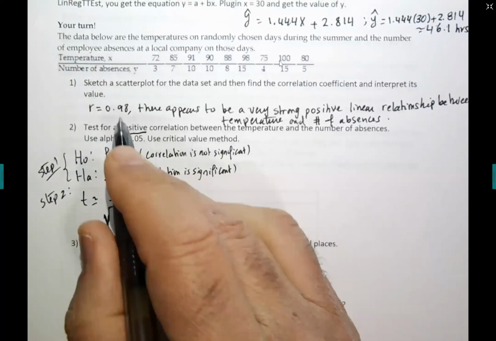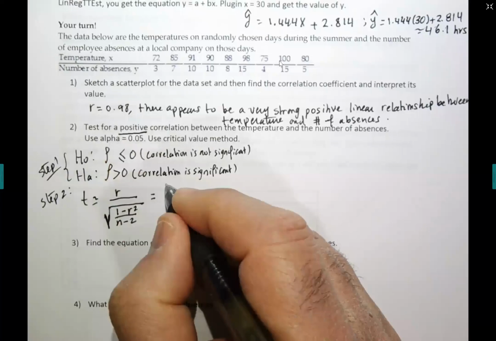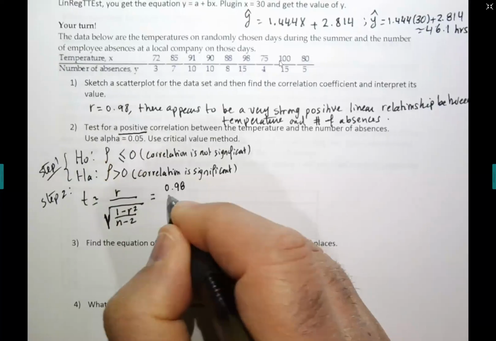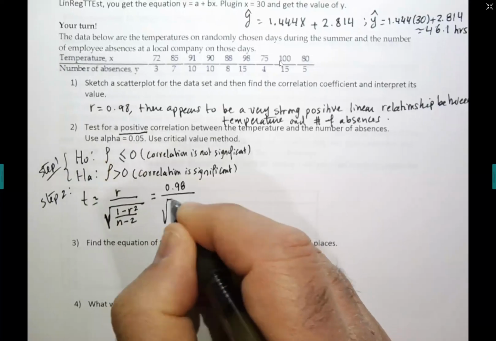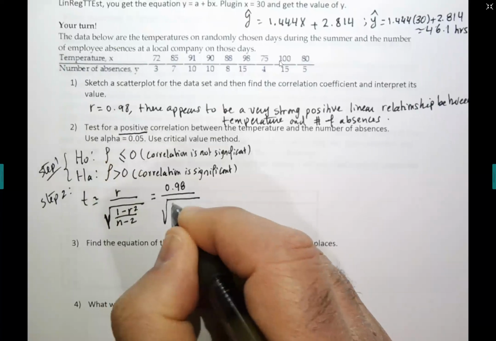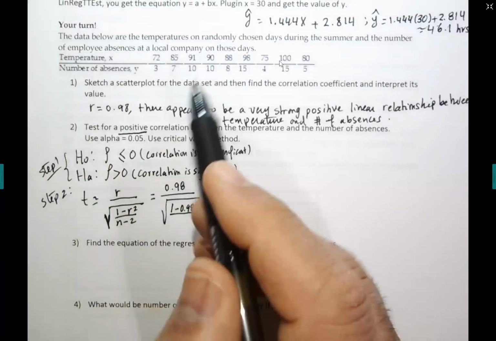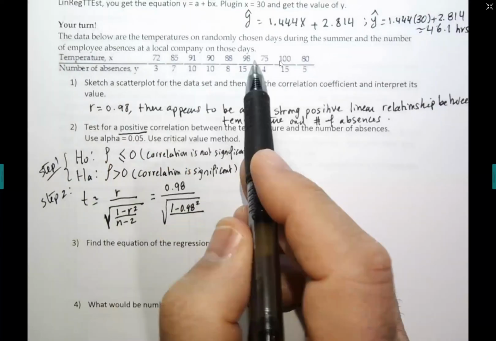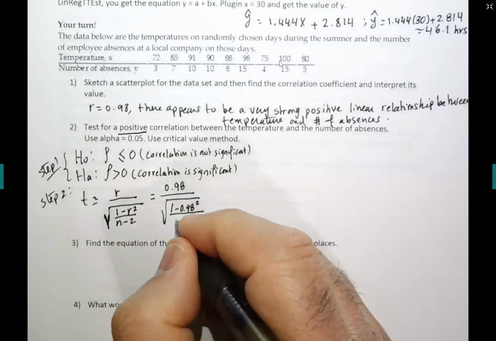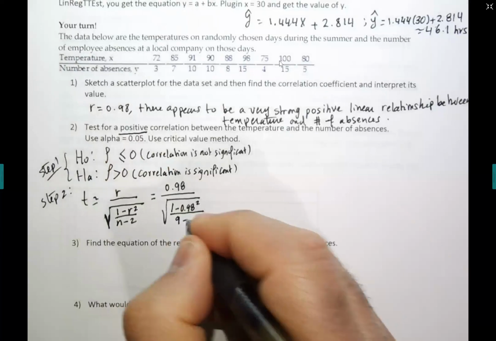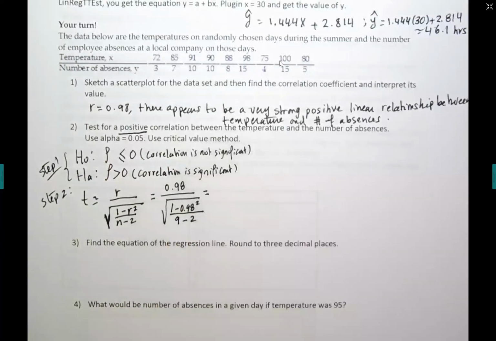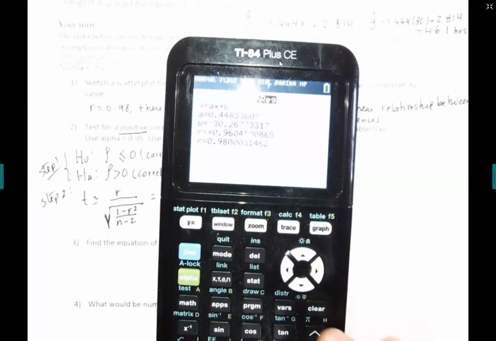Okay, R is 0.98, so you just put 0.98 divided by the square root of 1 minus 0.98 squared, over n minus 2. And what's n? We said 1, 2, 3, 4, 5, 6, 7, 8, 9. 9 minus 2, make it 7. Here is how you use your calculator to find it. You could go to linear regression t-test, but I like to show you how to do the work.